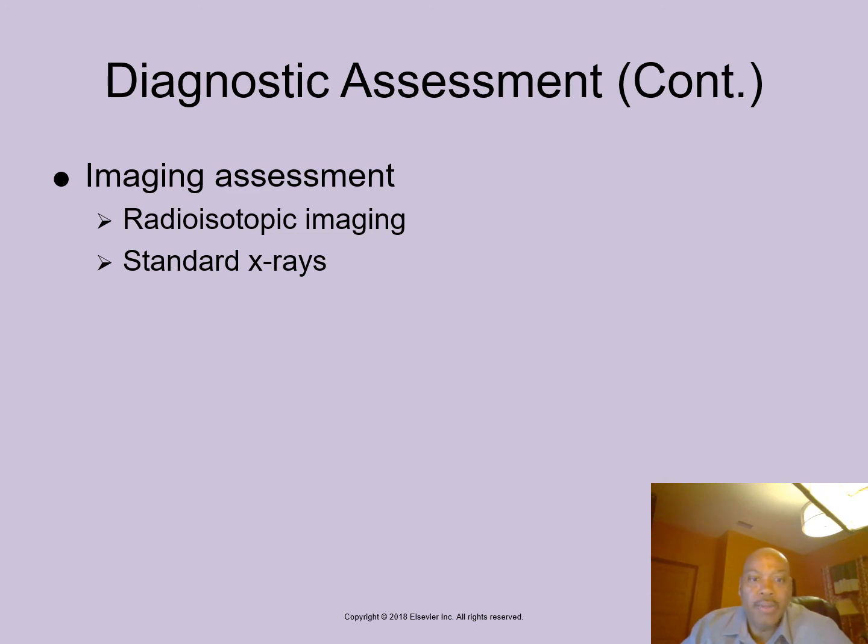So these are some other diagnostic tests, imaging assessment tools that we use: the radioisotopic imaging, and also standard x-rays. Certain tests can determine hematologic dysfunction. The radioisotopic imaging isotopes can evaluate bone marrow sites for active blood cell formation and also iron storage. Radioactive colloids can determine organ size, liver, and spleen function.